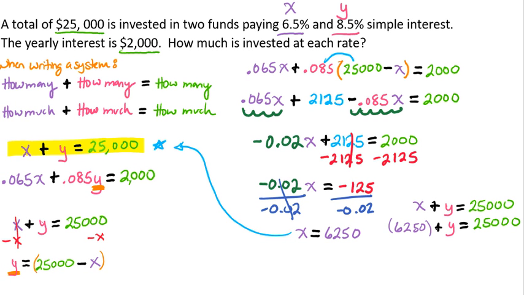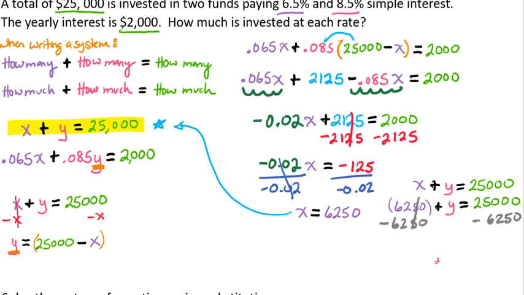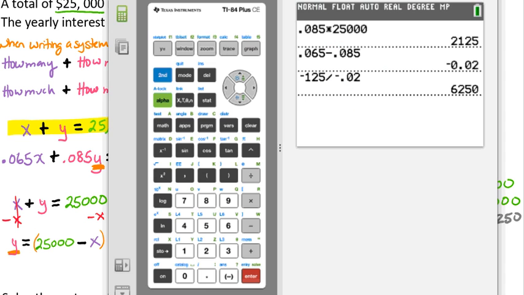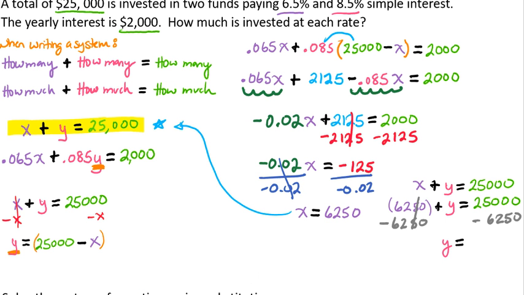Now we subtract that 6,250 so we can get our y amount of money. So y is going to equal $25,000 minus $6,250, which gives us $18,750.